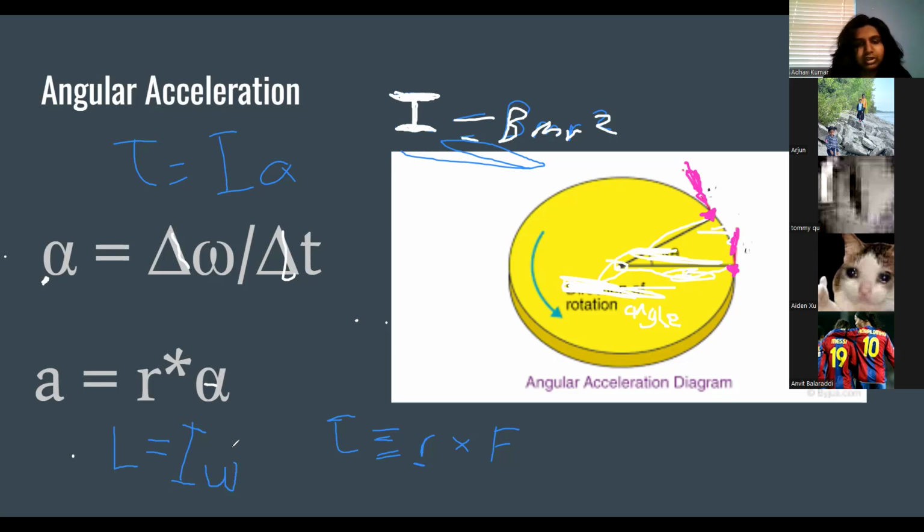So the thing about work and kinetic energy is that there's no rotational version of it, right? With all these other things, these are all vectors, and with vectors we have directions, but in a rotating object that direction is always changing. Which is why they have different quantities between a linear version and a rotational version.